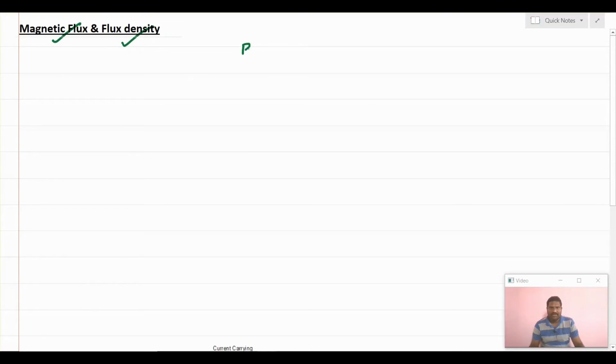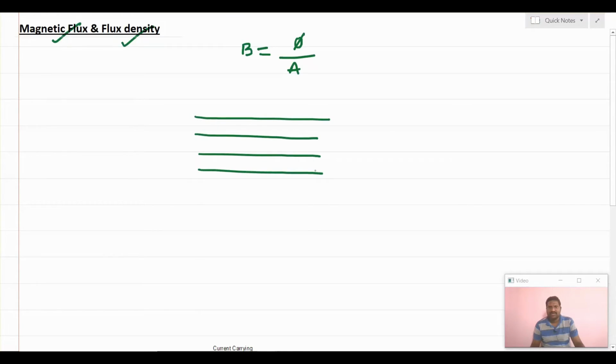We already know that magnetic flux density is equal to flux by area, flux per unit area. Here suppose the magnetic lines are in this direction, or magnetic flux density B is like this, and magnetic flux lines are in this direction.